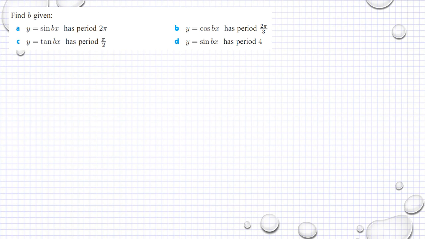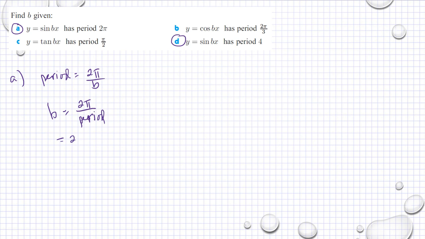More. Only for the sine, we have A and D. Find B, given y is equal to sine Bx has period 2 pi. So for A, we know that period is equal to 2 pi divided by B. So B is equal to 2 pi divided by period.